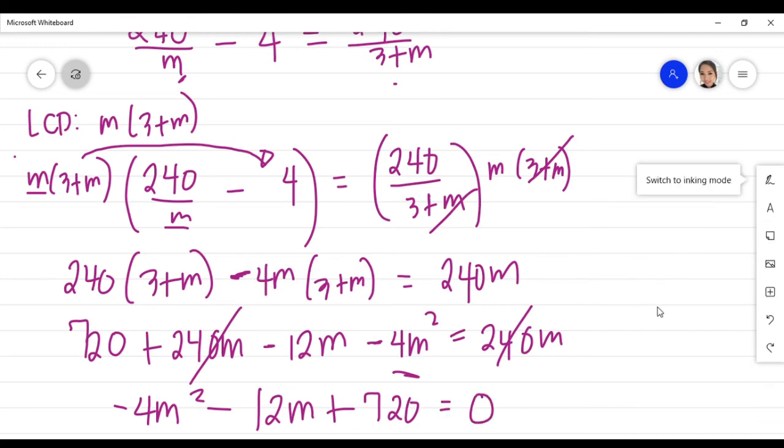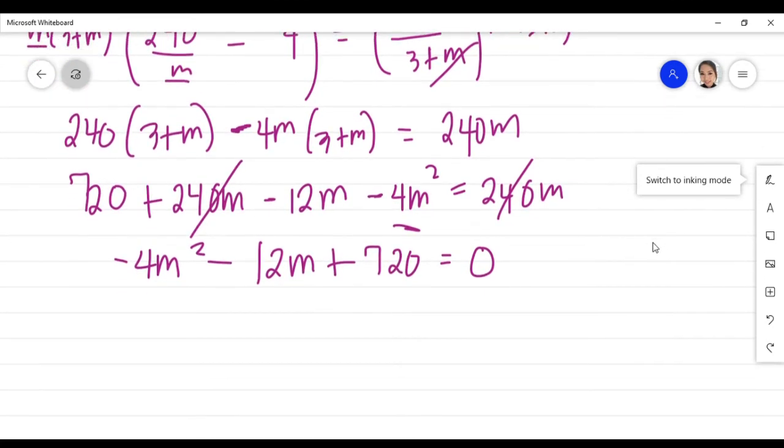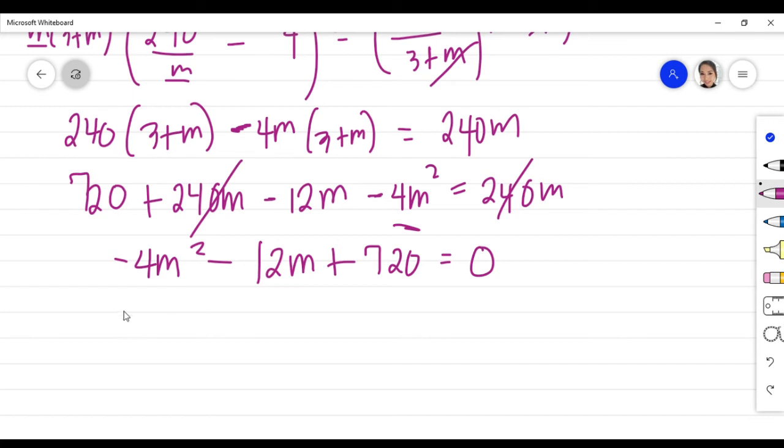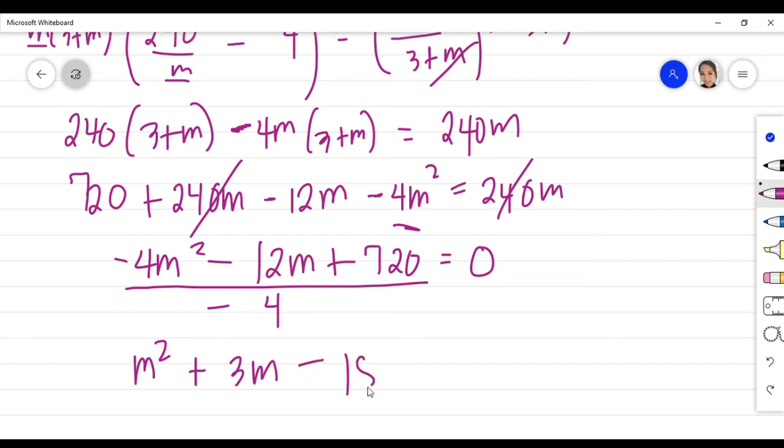Now since we can divide each term by negative 4, let's do that. We have m squared, since negative 4 divided by negative 4 is positive 1m squared, plus negative 12 divided by negative 4, that is 3m, and 720 divided by negative 4 is negative 180 equals 0.